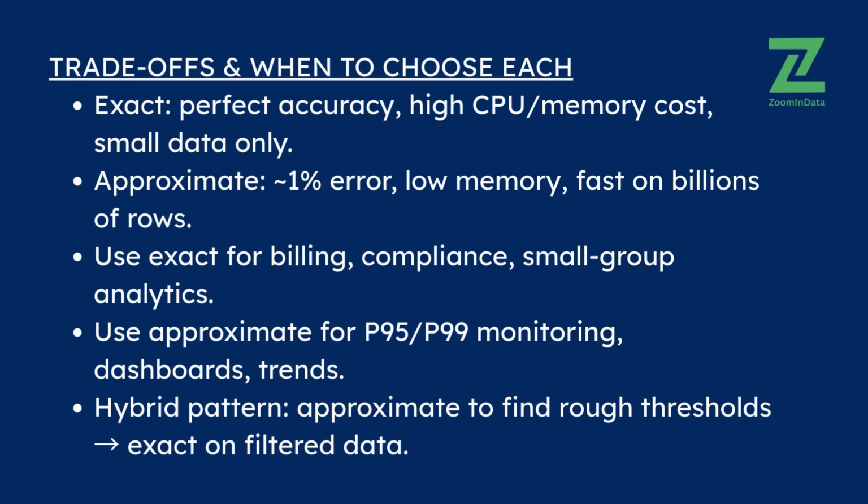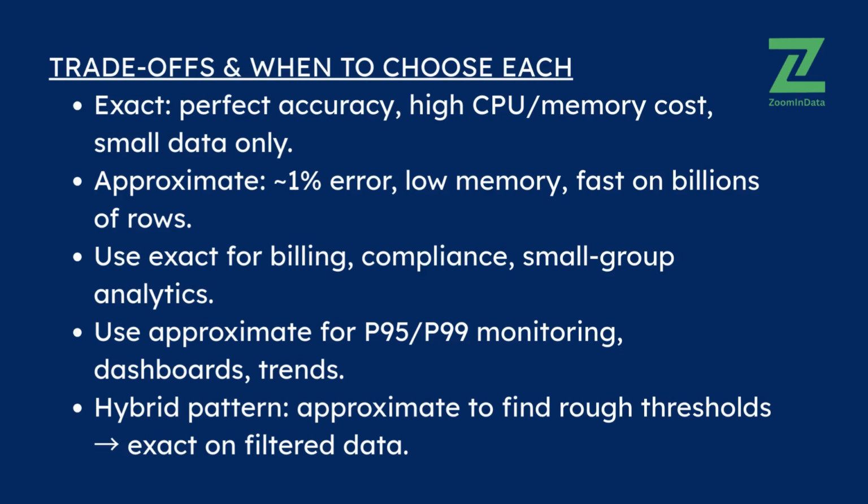Use exact for billing, compliance, or small group deep analytics where every decimal matters. Use approximate for P95, P99 latency, error rates, session durations in dashboards and alerting. Trends and outliers matter more than the exact digit.